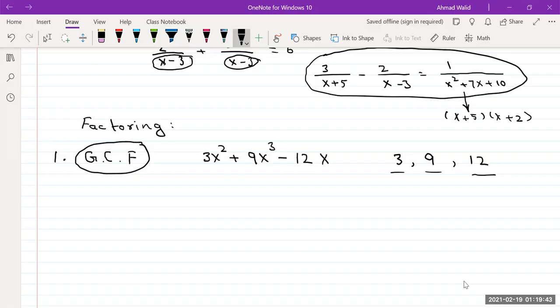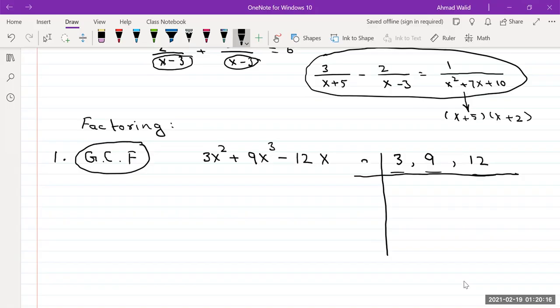Even if you don't remember what that number is, do it like this. Again, the process is similar to what I taught you yesterday about LCM, a little bit different. Start with the number that all of them can be divided by, not one of them, all of them. That's the difference between finding LCM and GCF.